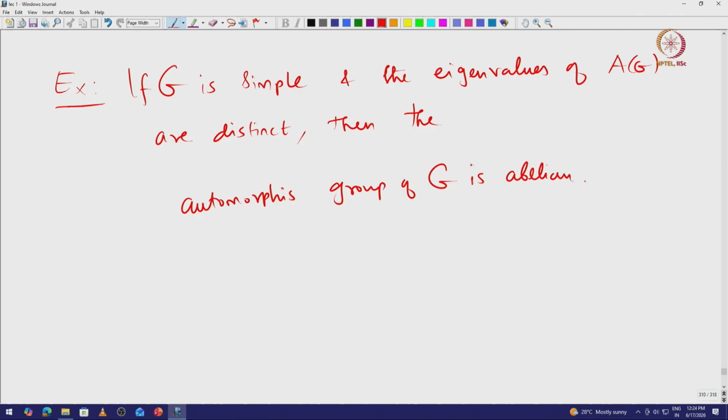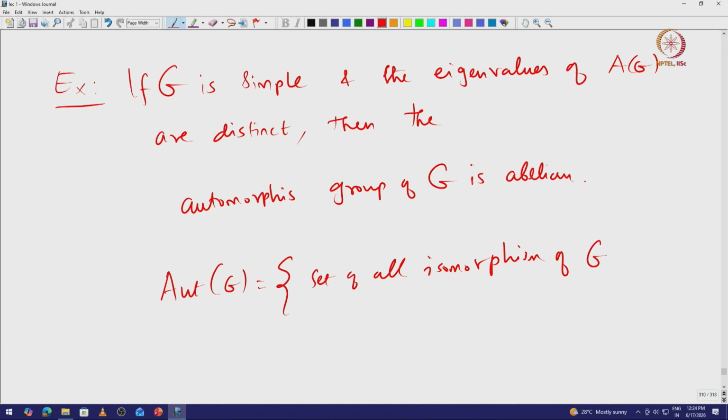What is the automorphism group? The automorphism group is nothing but all possible isomorphisms of G as a graph. Since we are only considering simple graphs, the isomorphism can be characterized as follows.